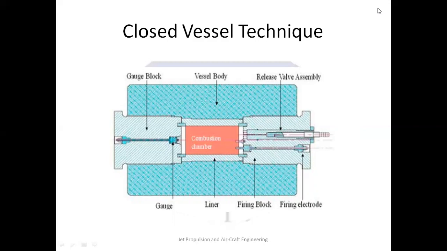The pressure is recorded as a function of time. You can see there is a firing electrode and the firing block, which is connected with the combustion chamber, and after the acceleration of the combustion, there will be variations of the pressure which is recorded as a function of time, and then the burning rate is calculated using the correlation.